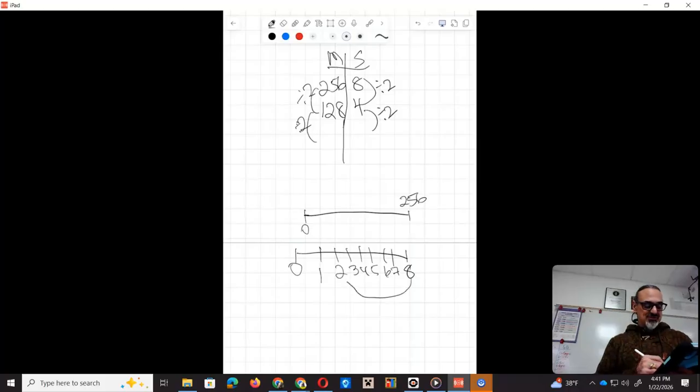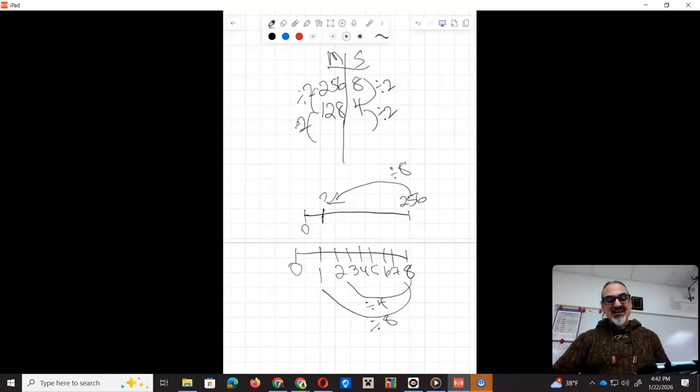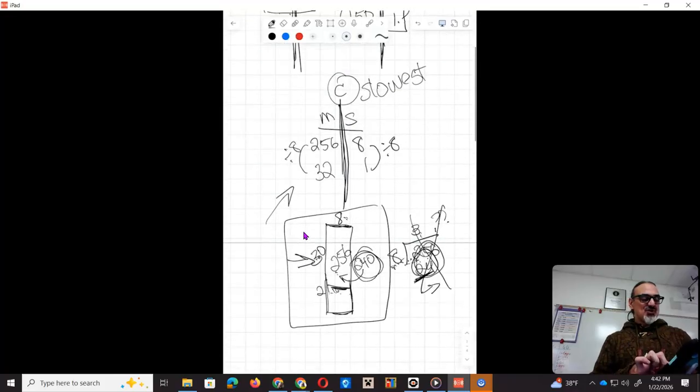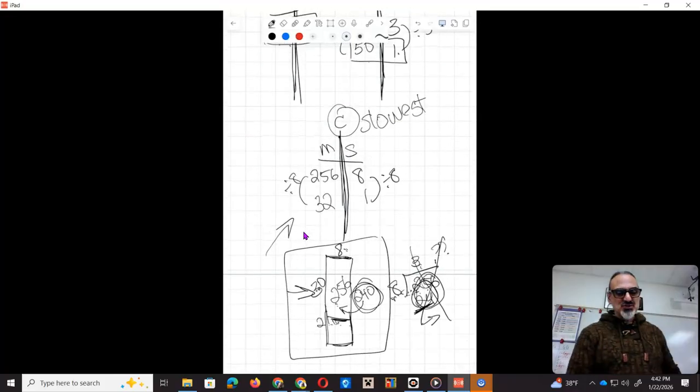I'm still dividing by 4 or dividing by 8. Divided by 8. I'm getting to this, what goes there. It works the same way. It's just horizontally instead of vertical.